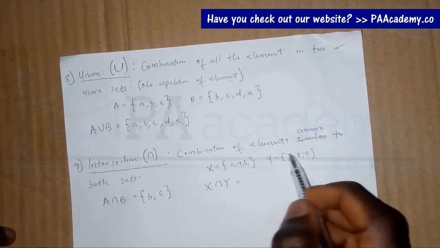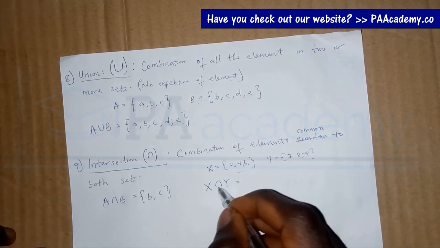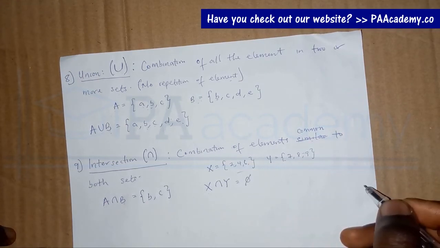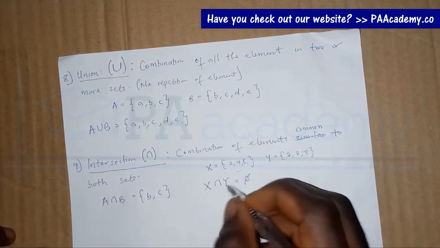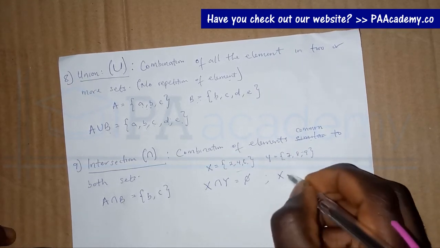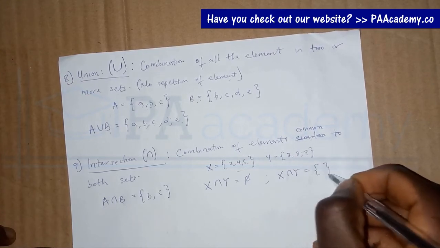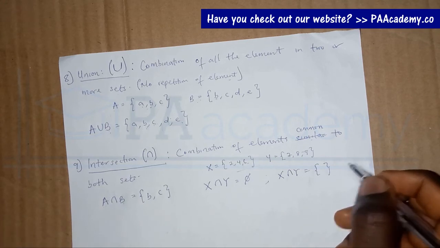Now you can see that they have nothing in common. So if you are to look for X intersection Y, it will be an empty set. And don't forget the notation for the empty set is like this. Or you can just say X intersection Y is an empty set. There is nothing in common. Exactly. Alright.